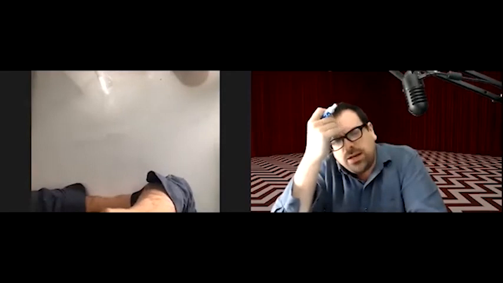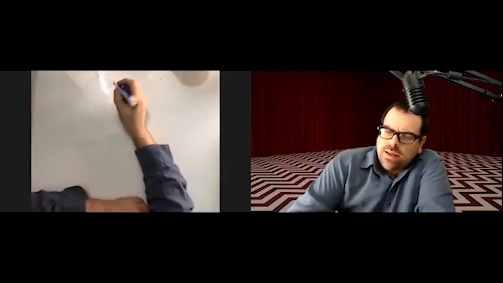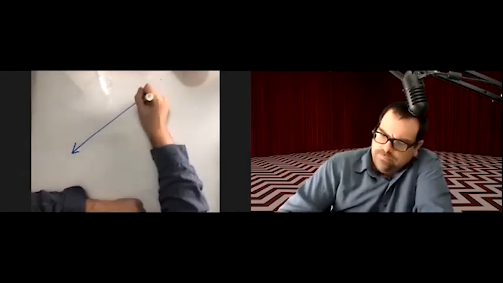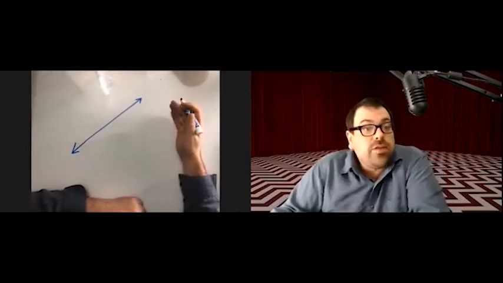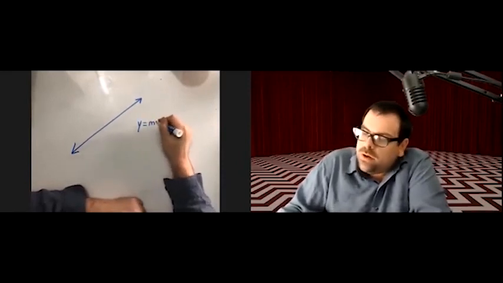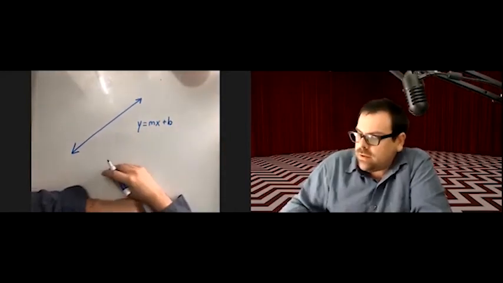So in the last group of lectures, we talked a lot about graphing lines. A line like this, for instance, could have the form y equals mx plus b.